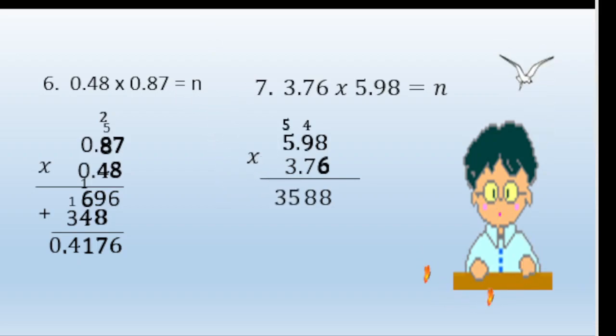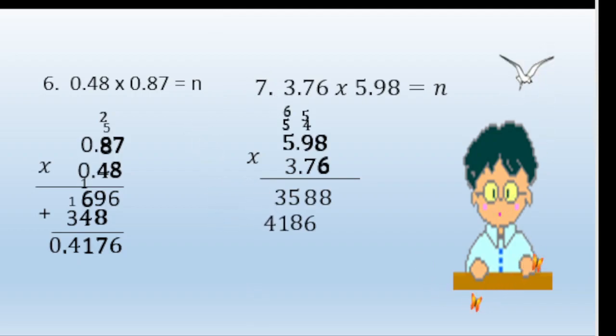And then 7 times 8 is 56, carry 5. 7 times 9 is 63 plus 5 is 68, carry 6. And then 7 times 5 is 35 plus 6 is 41.